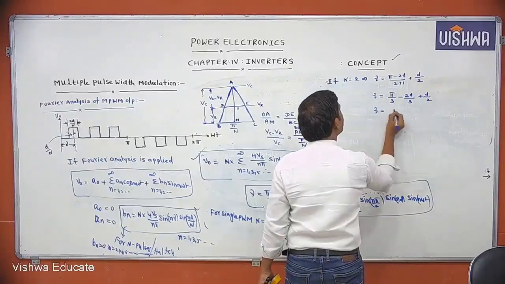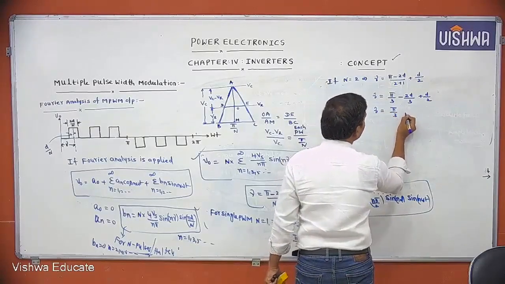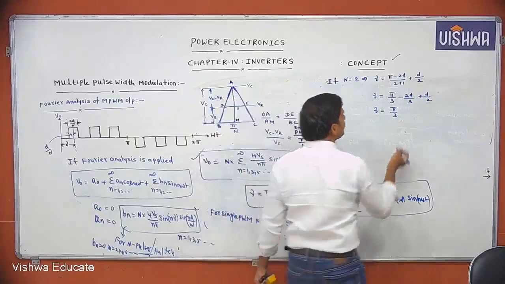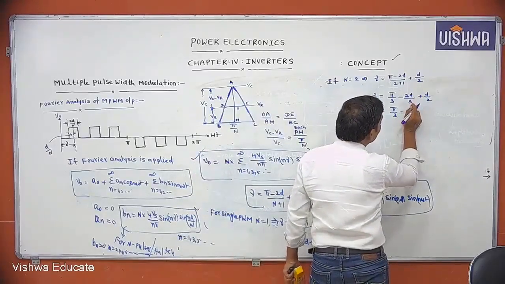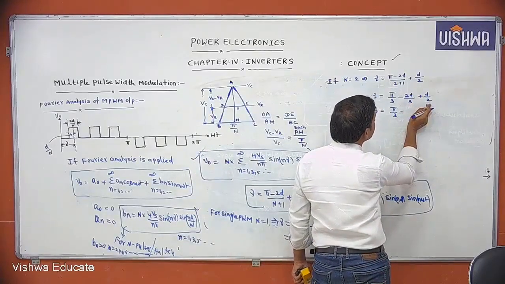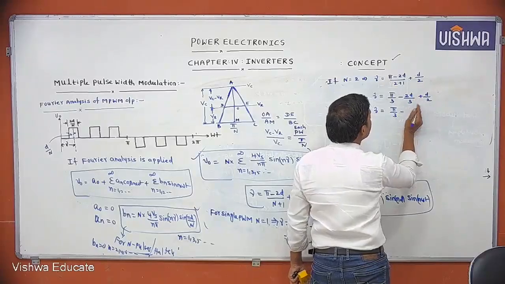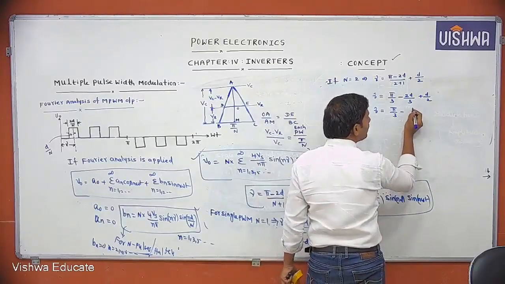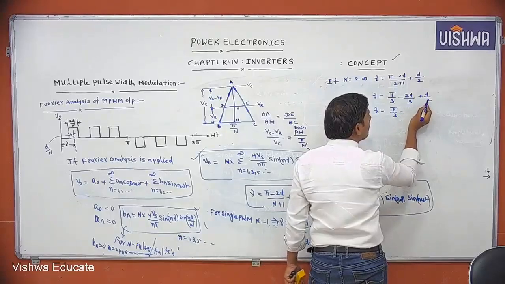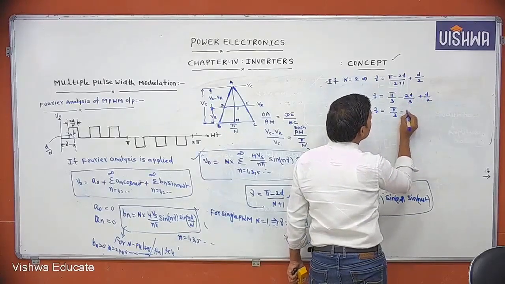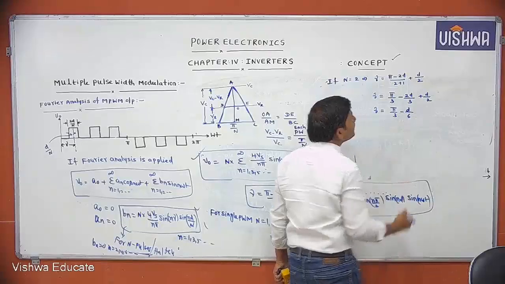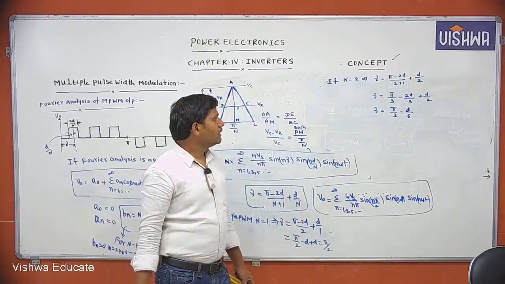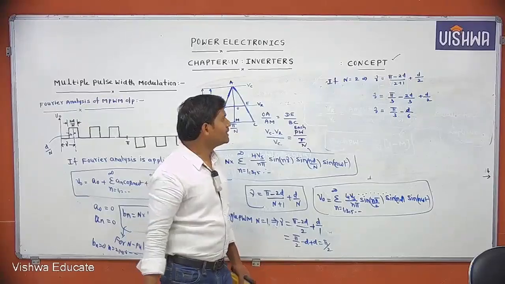Simplifying this, we get 2 minus 4d plus 3d, that is pi by 3 minus d by 6.